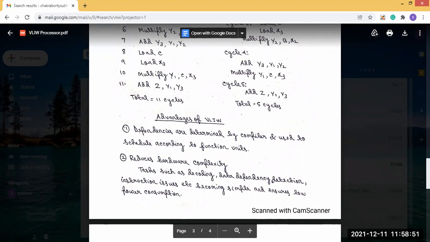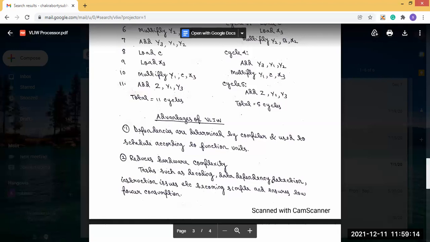Okay. So now we will move to the advantage of the VLIW. The advantage of a VLIW processor is that dependencies are determined by the compiler and used to schedule instructions according to the functional units. Which type of functional unit is required for an operation will be determined by the compiler.